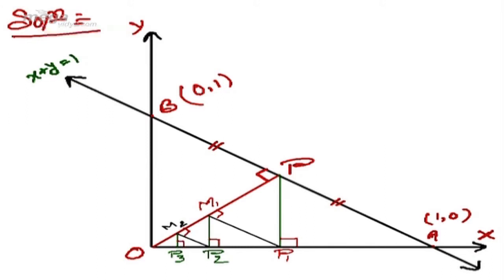Then, according to the situation, what is OPn? First of all, we will find the relation between all of these sides, OP3, OP2, OP1, etc. It is given that OA equal to 1, which is also the same as OB.